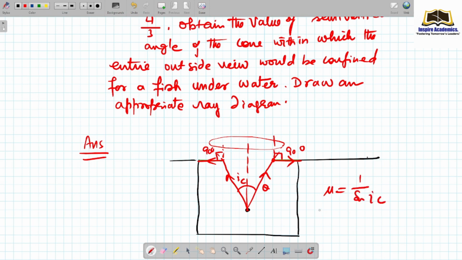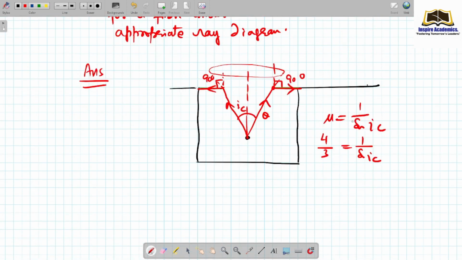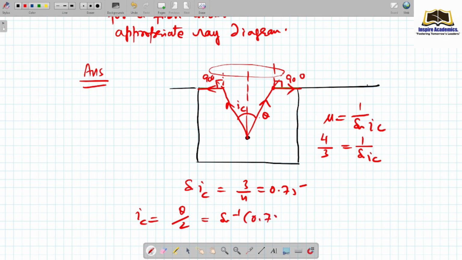And because 4/3 is given to us, it is 1 upon sine IC, and sine IC would be 3 upon 4, which is 0.75 actually. Yes or no? So IC is actually theta by 2, frankly. Theta was full, so IC would be half. So theta by 2 would be sine inverse 0.75.